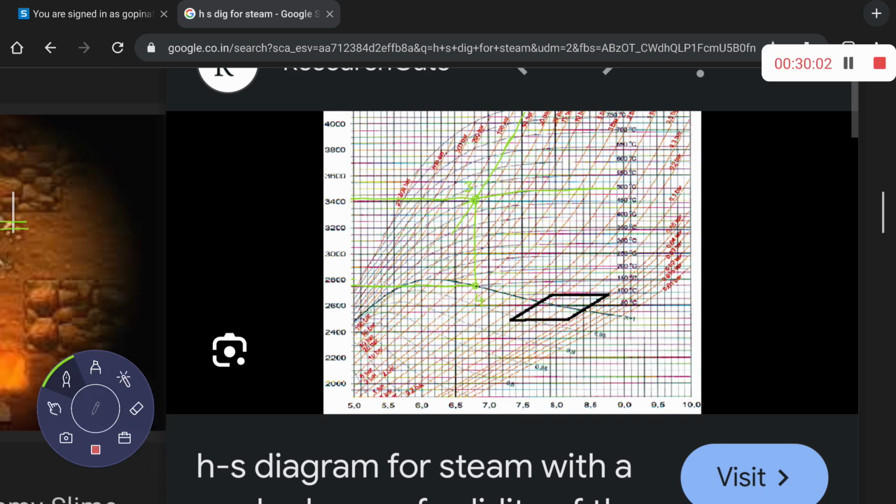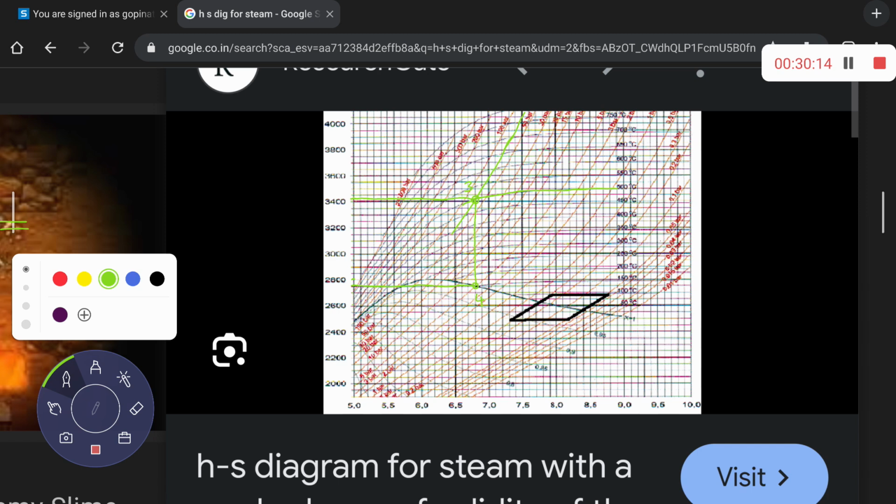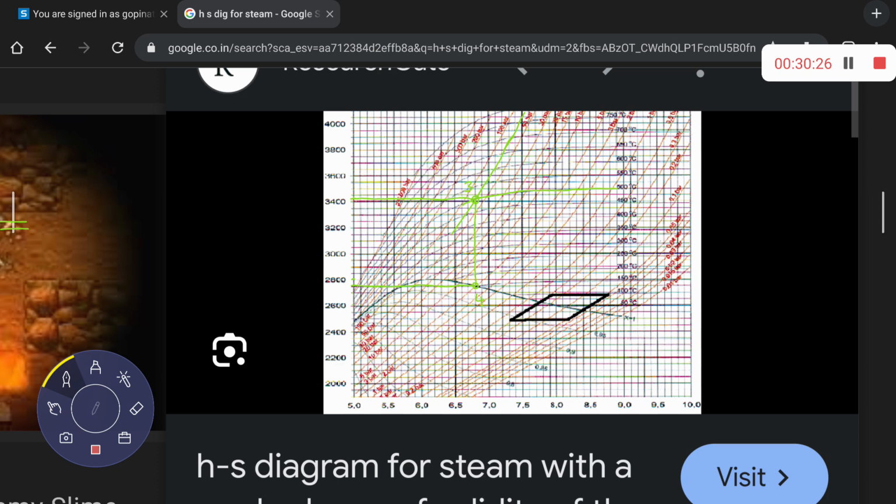This is 4. This is the 5 bar pressure line. Temperature is how much? 400 degrees centigrade. Check this 400 degree centigrade line, and this 5 bar pressure line.